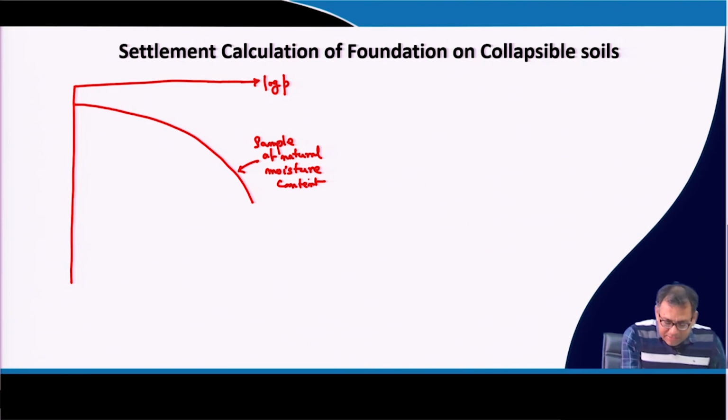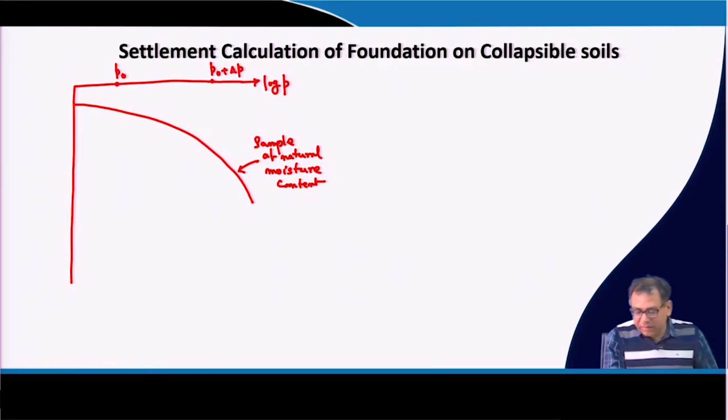Now, we have applied a P0 stress here. So, that P0 is basically what, and there is a P0 plus delta P also. Now, what is P0? P0 is the in situ effective overburden pressure, and delta P is the increment of stress due to construction of foundation.